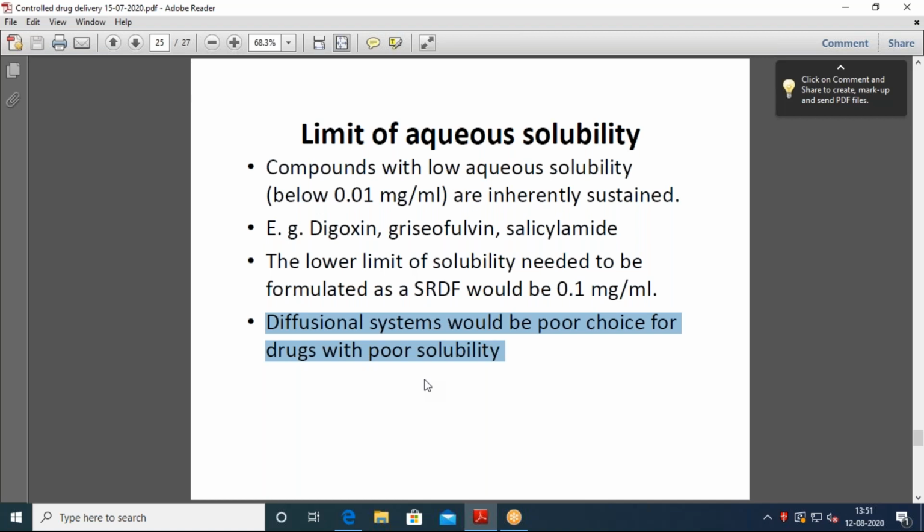Those based on diffusion, those based on dissolution, those based on a mixture of diffusion as well as dissolution. Please go through that and come, and then we'll take a call on that.